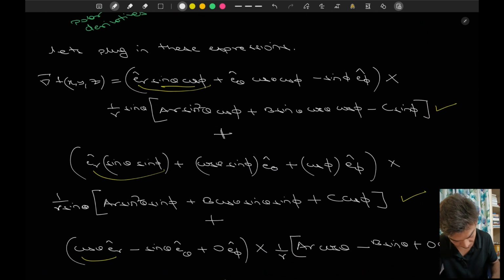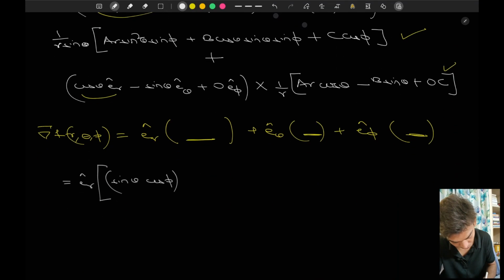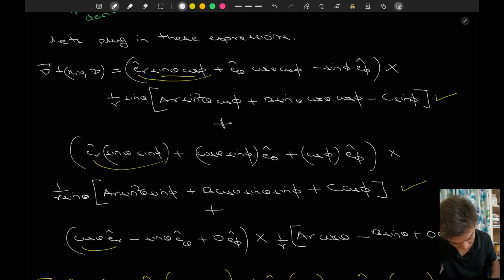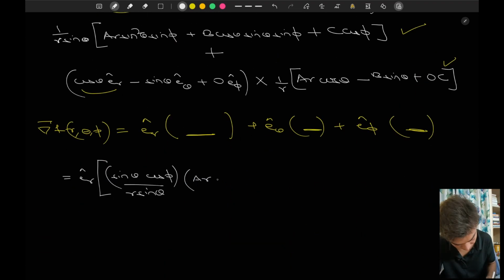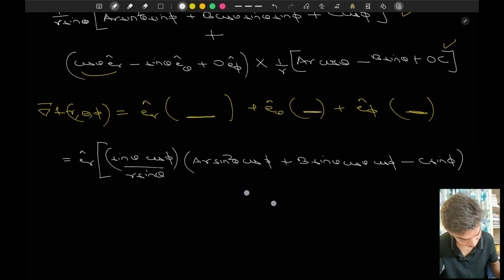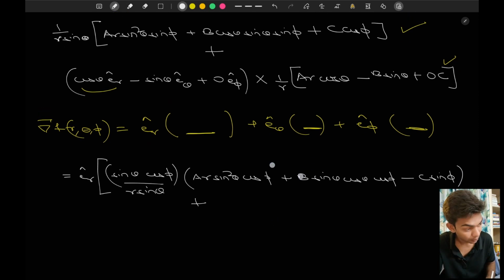Then I have, multiplied by this term, which is 1 over r sin theta, multiplied by this a r sin square theta cos phi plus b sin theta cos phi minus c sin phi, right? This is the first term.